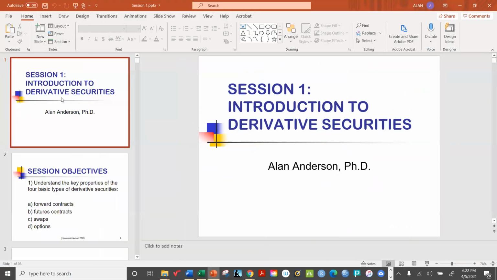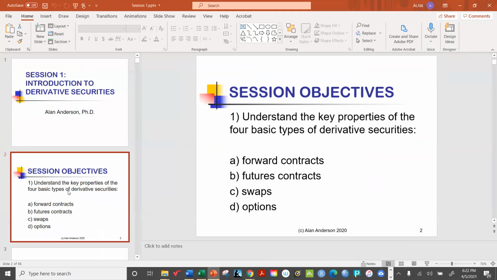We'll start out by identifying the 4 basic types of derivative securities that trade in the marketplace: forward contracts, futures contracts, swaps, and options. Now, it turns out that the first 3 are relatively closely related to each other, and they've been around for quite a while.